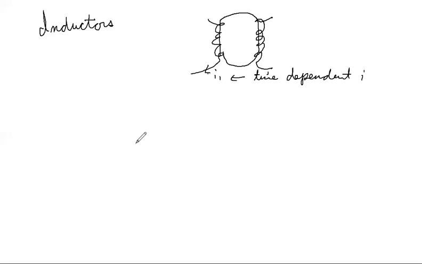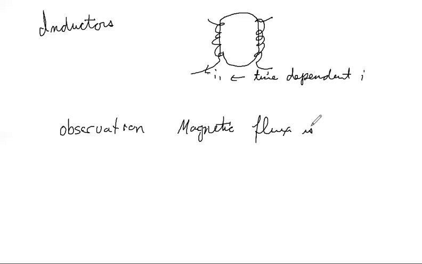Before we derive any equations, I want to start with a basic observation: that magnetic flux is caused by a current. Okay, so that's just an observation. Let's have a picture in our mind so we're really concrete.